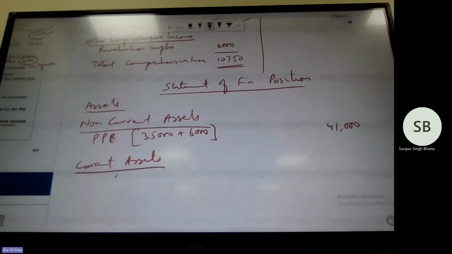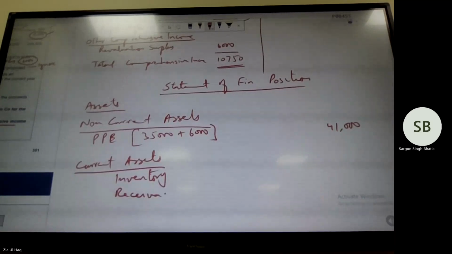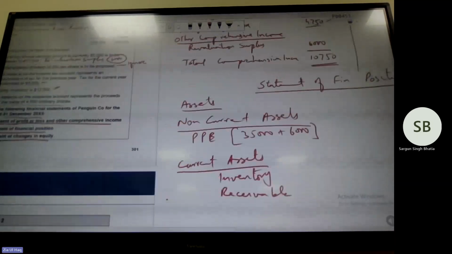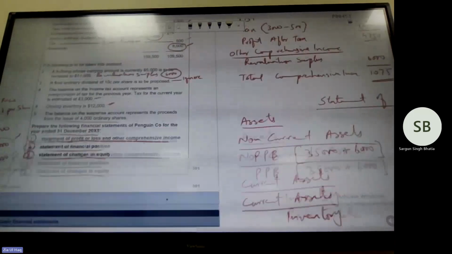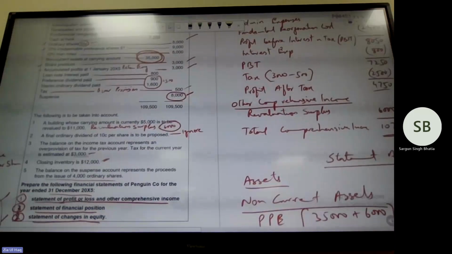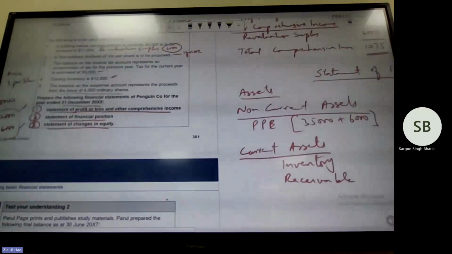In current assets, we have inventory, we have receivables. I think there are no prepayments, no. And we have cash at bank or cash in hand. Is there any cash? Cash at bank, yes.